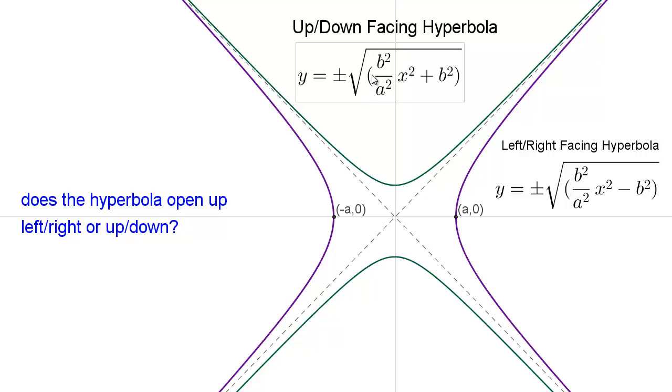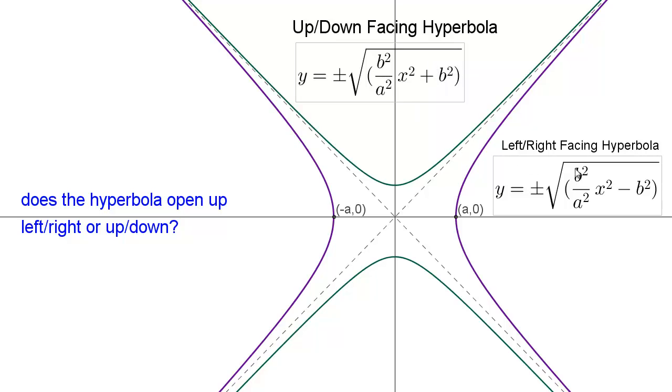So the y value can never actually equal 0 on an up and down facing hyperbola that's not shifted. And you can see that with this green hyperbola that we have plotted here, this up and down facing hyperbola, that it is never going to get down to a value of 0. It can't. It simply is forbidden because of that plus sign. Even if this x term goes to 0, you're still going to have that b squared term.